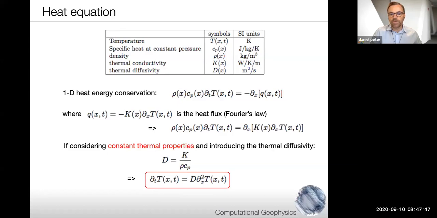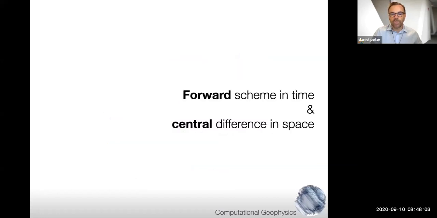So this is a very simple equation which gives us heat diffusion, and we can approximate these derivatives with finite difference schemes. What we play with are, for example, these different schemes, and you can choose a forward scheme in time and a central difference scheme in space, for example.